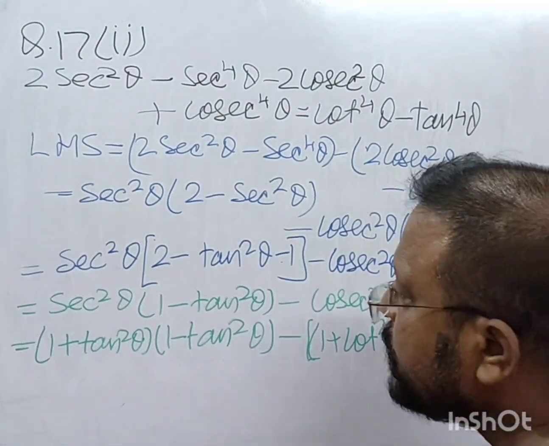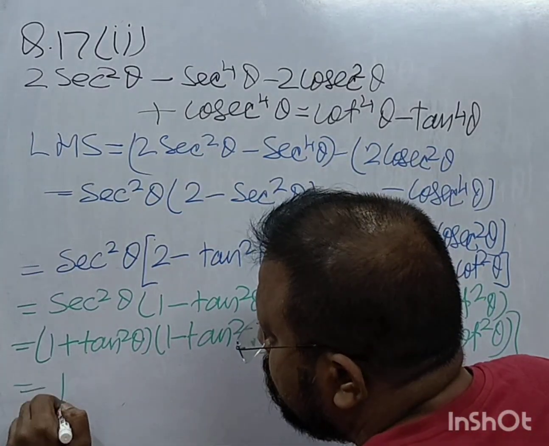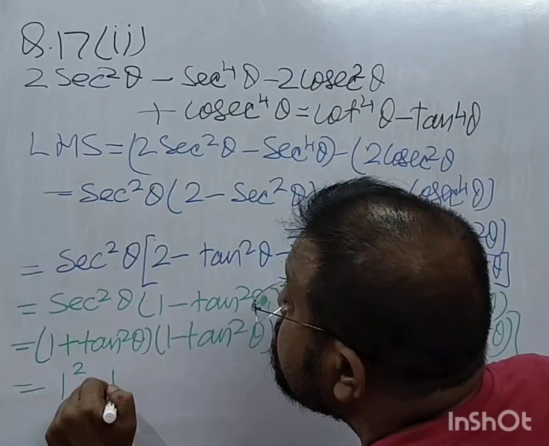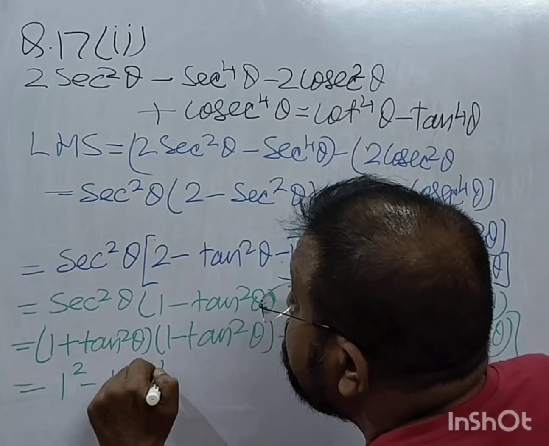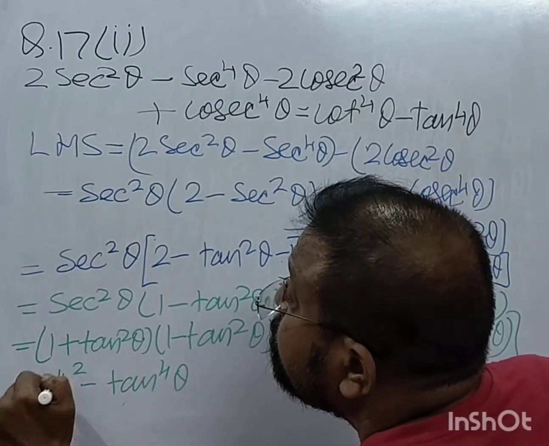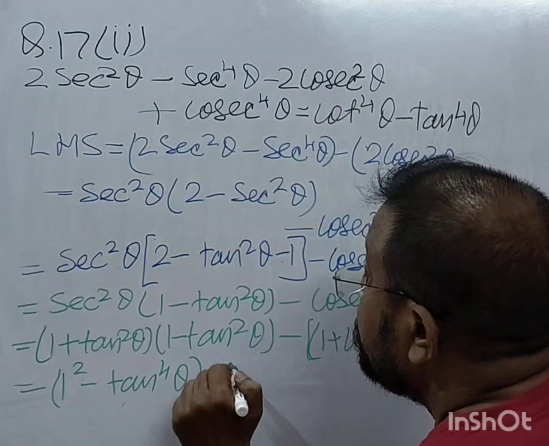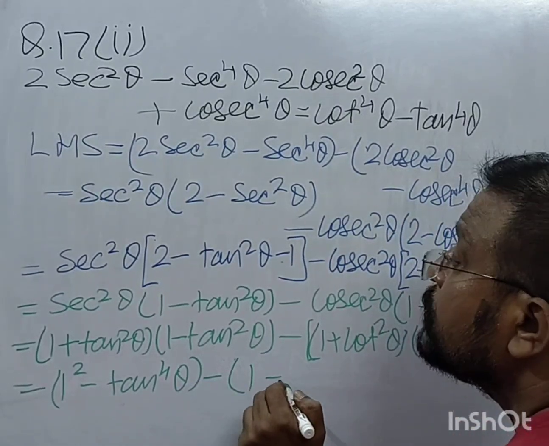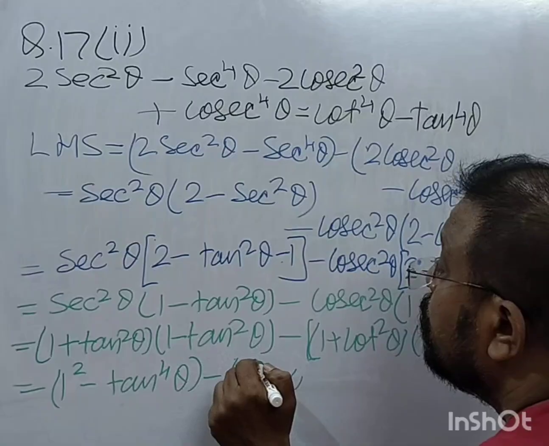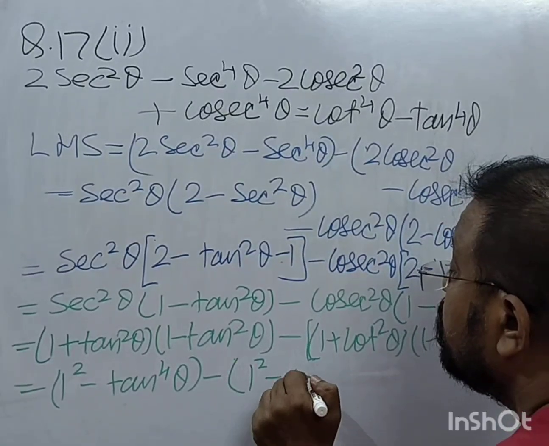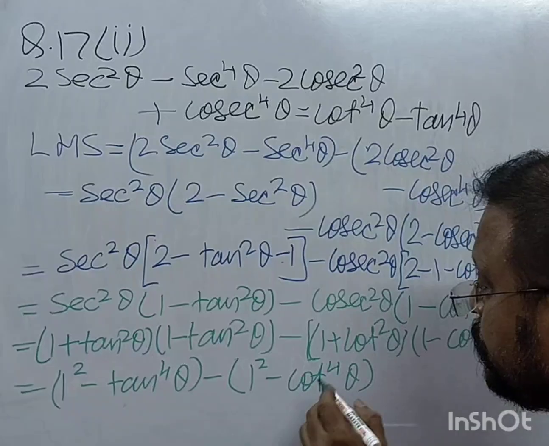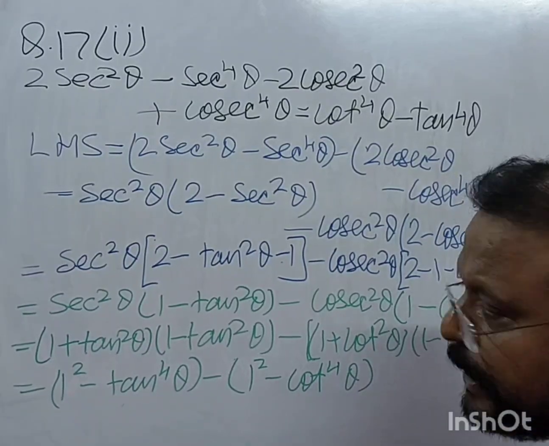Difference of two squares. So you get 1 square minus tan raised to the power 4 theta, minus bracket 1 square minus cot raised to the power 4 theta, right?